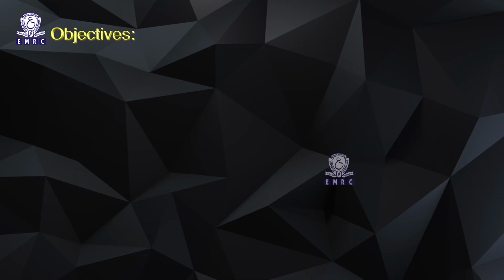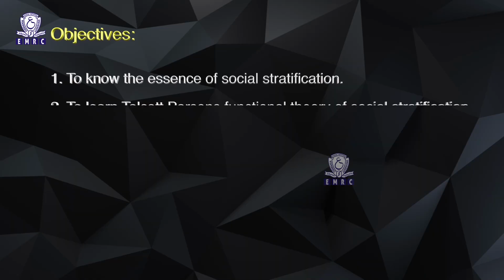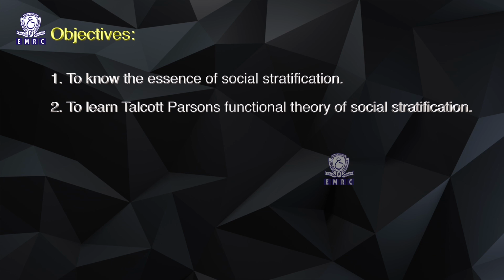Now, let us look into the objectives. The objectives of the lesson are to know the essence of social stratification, and to learn Talcott Parsons' functional theory of social stratification.